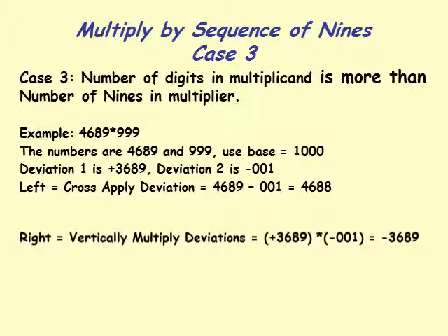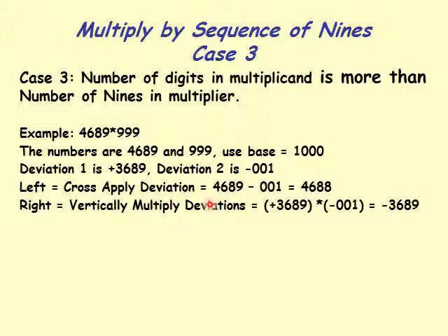Okay, let's continue. Do the right: vertically multiply the deviations, so it's 3689 and minus 001, and that becomes minus 3689. There are two issues with the right part. First, there are 4 digits here when I only need 3, because 1000 has 3 zeros, that's the base. And the other issue is that it is negative, and I use a positive number on the right. So let's resolve those issues.